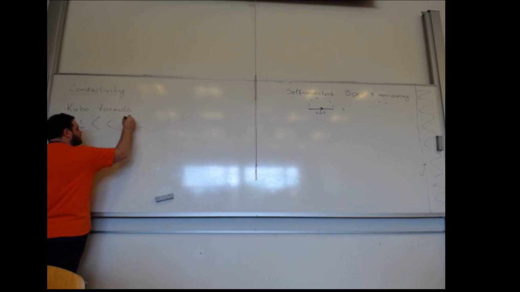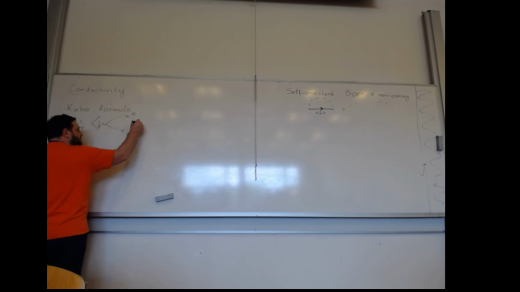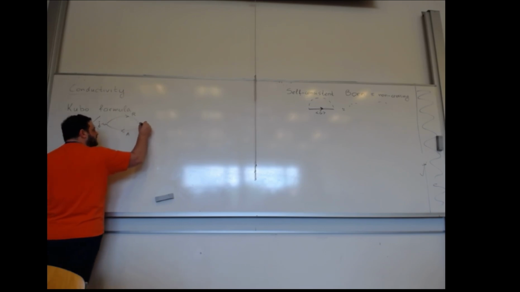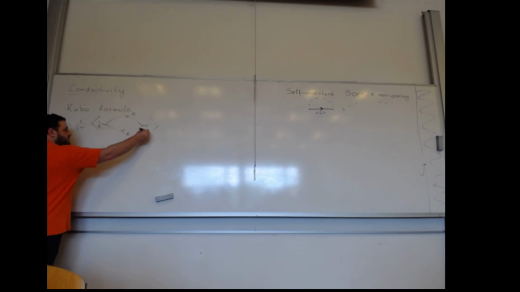There are 2 Green functions, just like before, retarded and advanced. And it has 2 current operators, a current here and another current here. If you apply an electric field in the x direction, and measure current in the x direction, it will be the current operator along x.